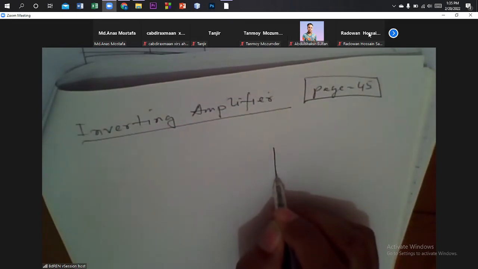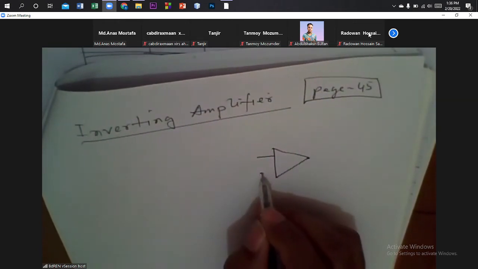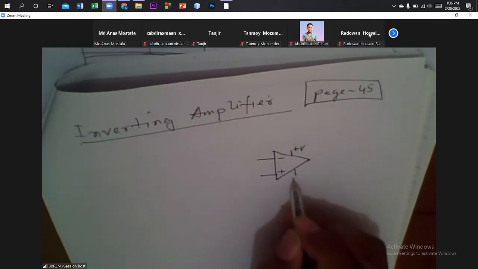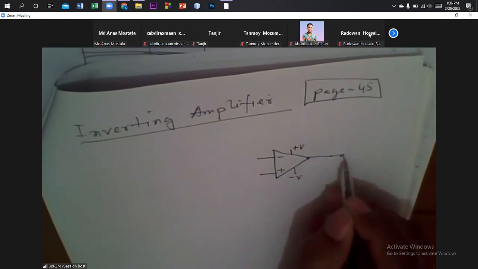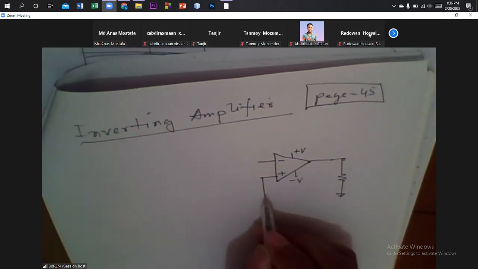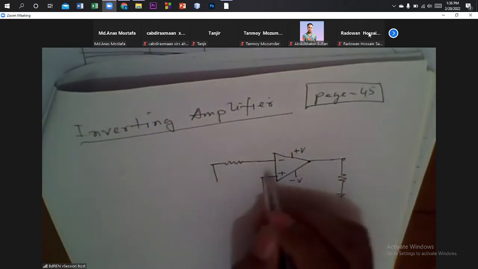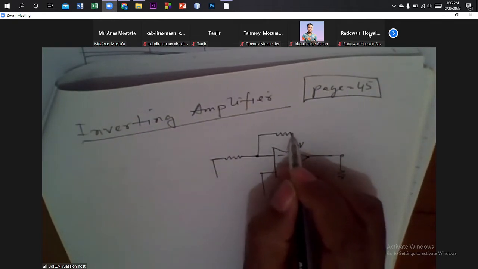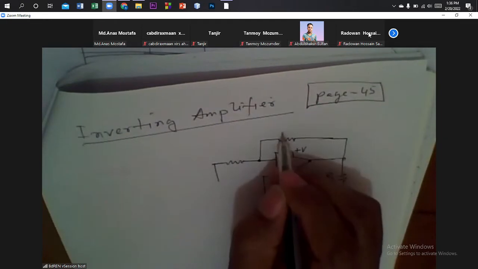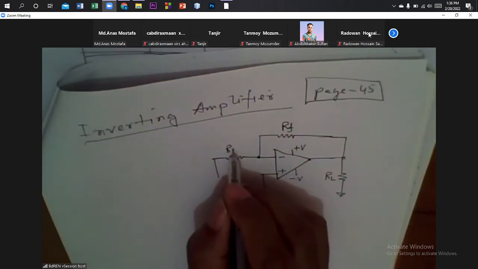So we shall first draw the figure. This is RL, this is RF, feedback resistance is RF, load resistance RL, and this is input resistance RI.